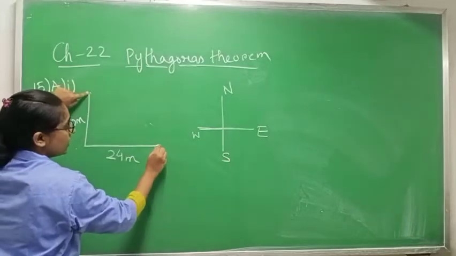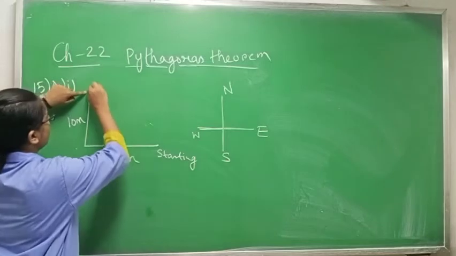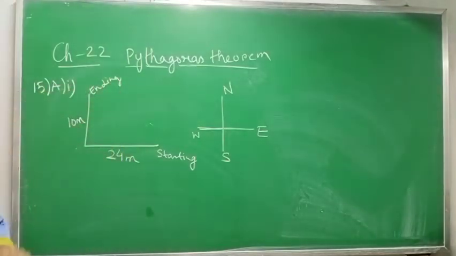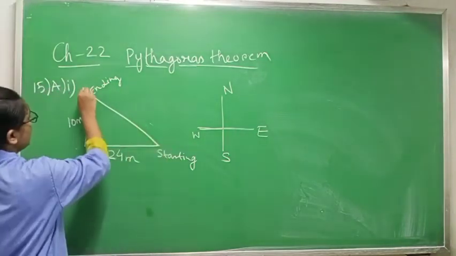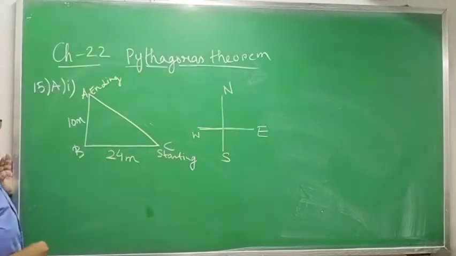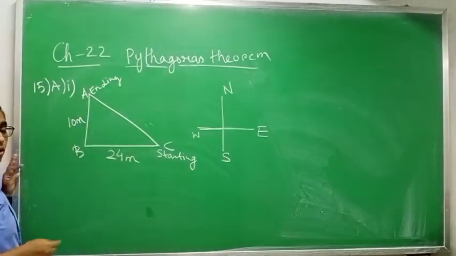This is the starting point and this one is the ending point. So they are asking, find the distance of the person from starting point. If you name the points A, B, C, they are asking AC, because BC is already given and AB is already given.